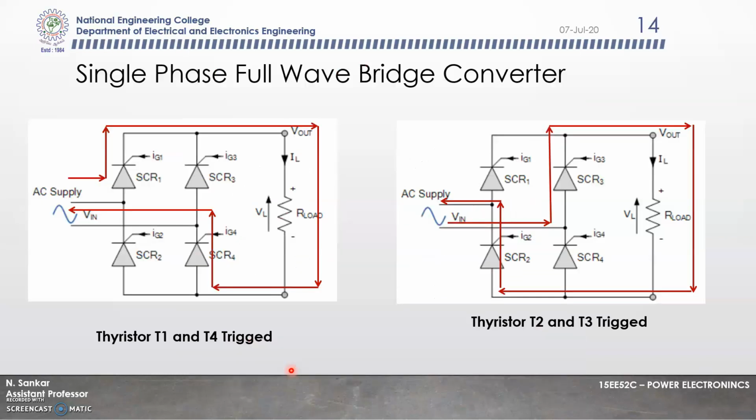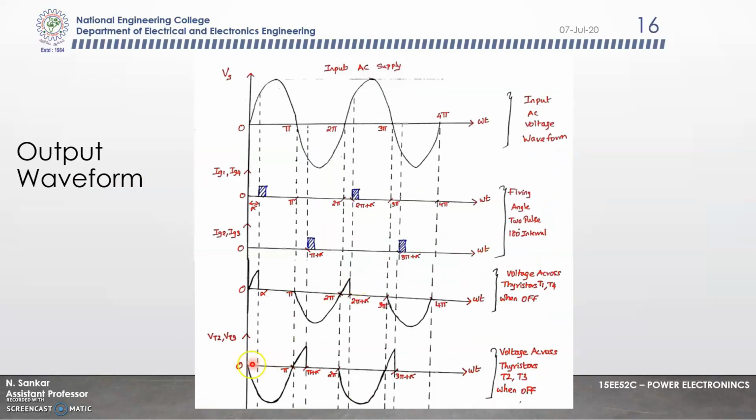Why? Because if you see the diagram, during the positive cycle we are connecting the neutral to thyristor 3 and phase to thyristor 2. If you measure the voltage, both will have a negative voltage. That's why the waveform here is following a negative one.